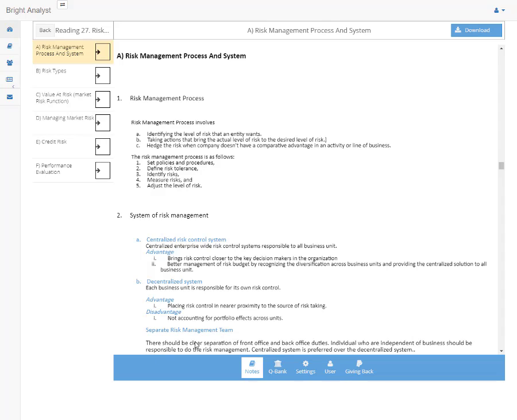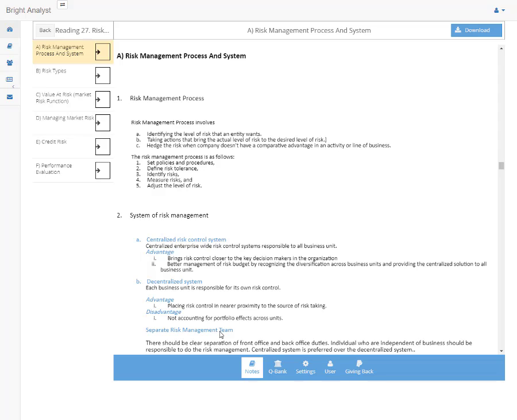As I said, there should be a clear separation of front office and back office duties. Individuals who are independent of the business should be responsible for risk management. Board level committees are established, and these committees are accountable to the shareholders, and individuals who are independent of the business should be the head of those committees.